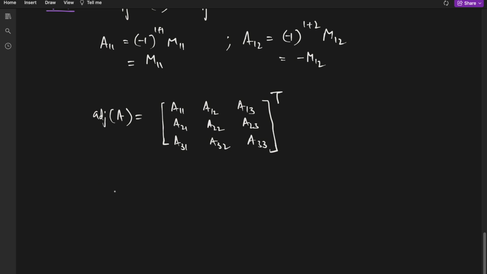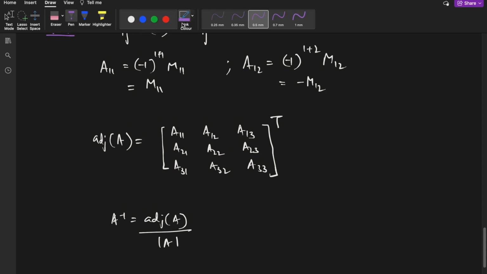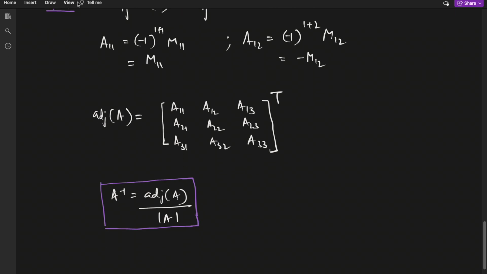One way is A inverse equals adjoint of A divided by determinant of A. This is the most used way of calculating A inverse. Apart from this, there are two other ways.